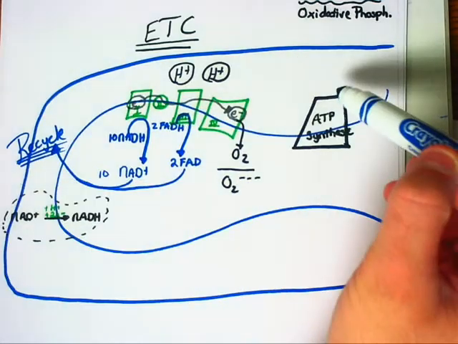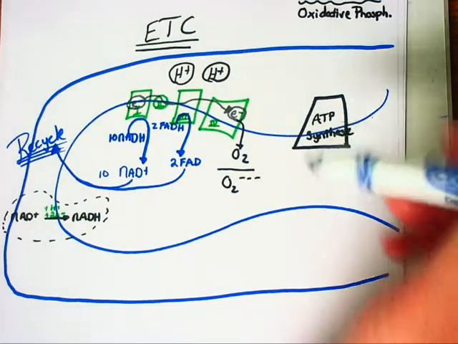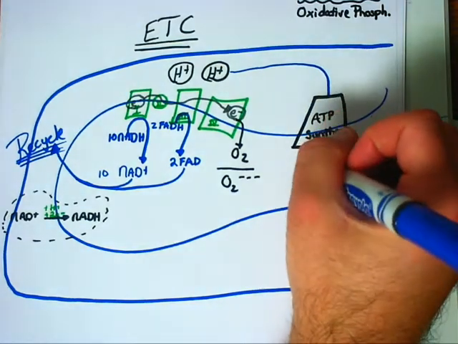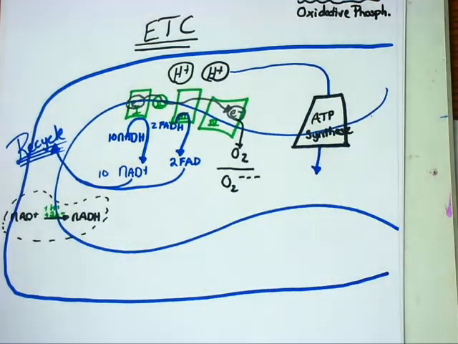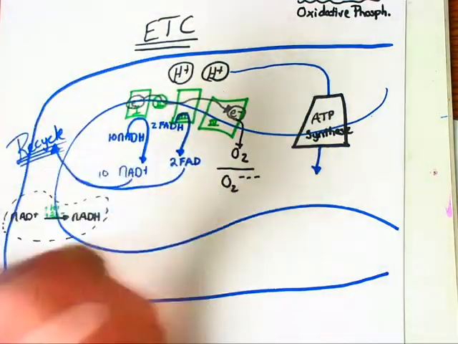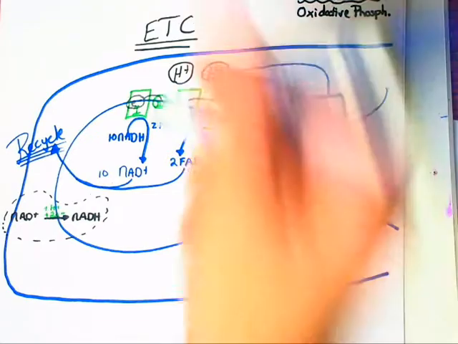What do you think the ATP synthase lets in? It lets in your hydrogens, right? Why do the hydrogens want to go inside? Because they're going to need to go down their electrochemical gradient.